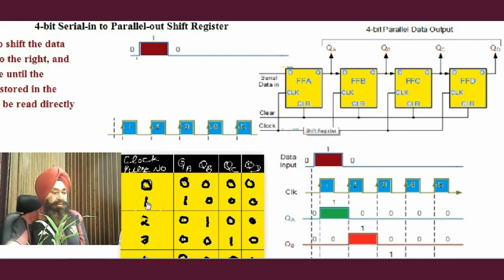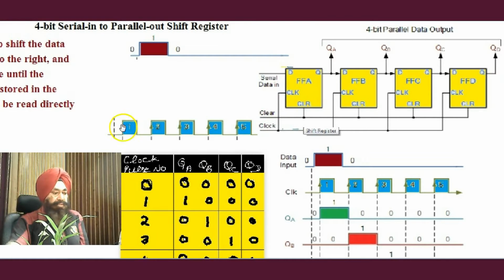Now then what? Let 1-bit data come here at this end. When 1-bit data comes here, let the clock pulse be activated. Okay, the clock goes high like this.